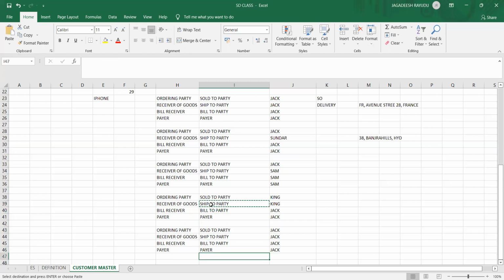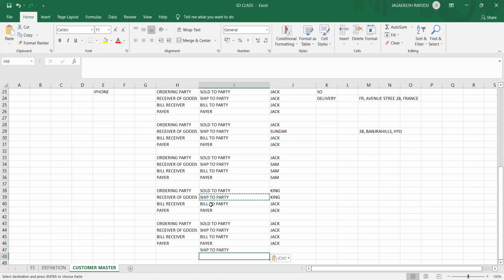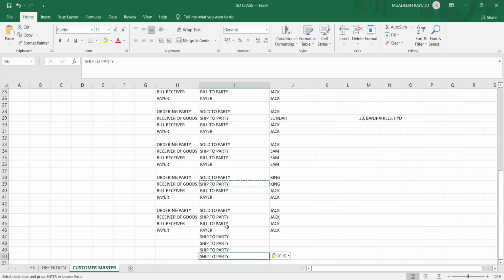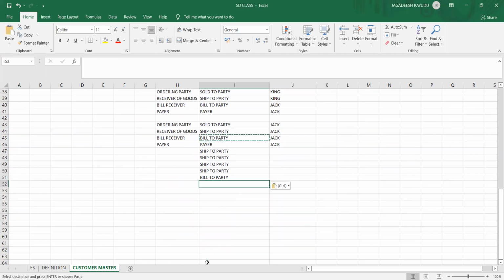This is one kind of scenario I'll show you. Different kinds of scenarios will come, and according to that we will create the customer master data.